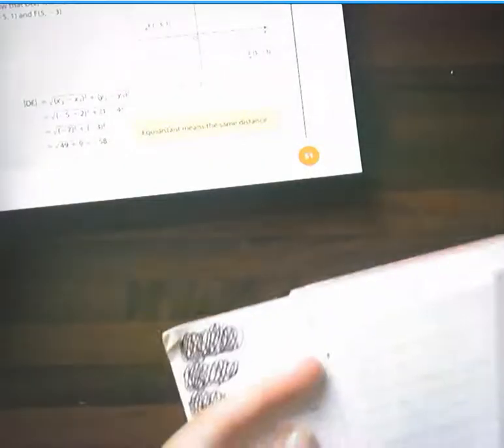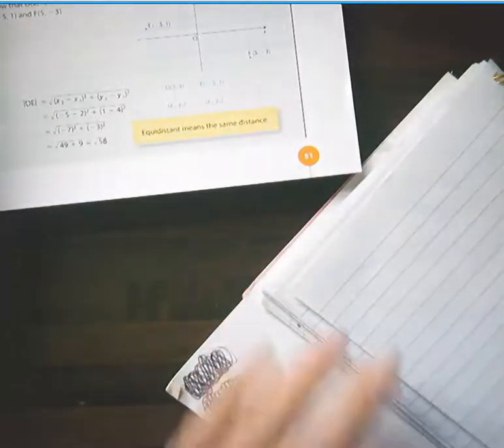So how are you going to do it? According to my little method I had written down, you write your points down.